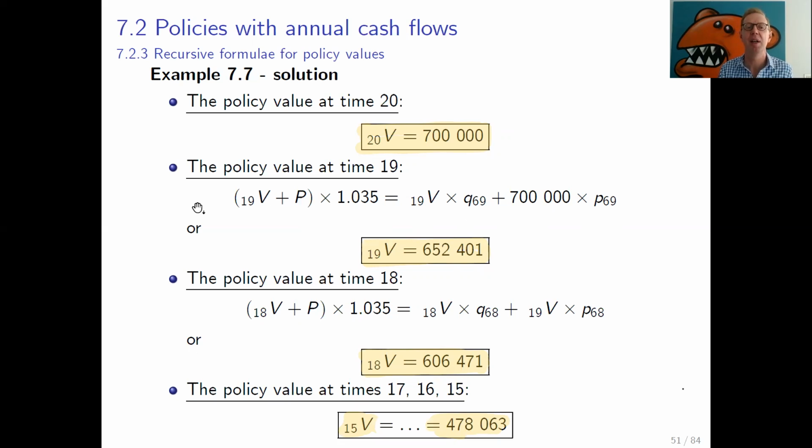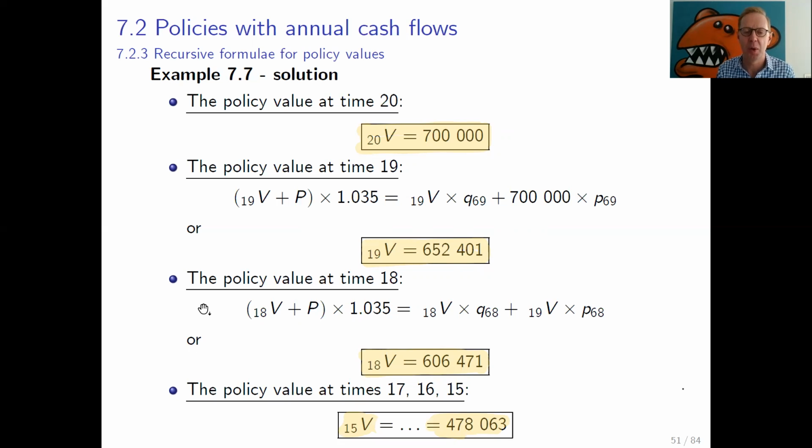Now we have here an expression where V19 appears in the left-hand side and in the right-hand side, because what will be available is a function of V19. What is required is also a function of V19, but we can solve this for V19 and find the policy value at time 19. And then we can do the same methodology to calculate the policy value at time 18.